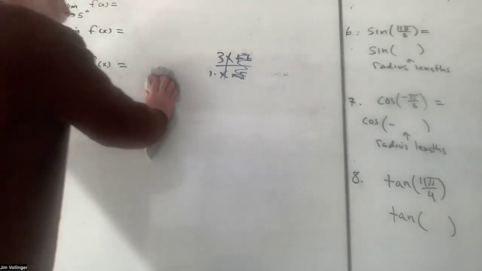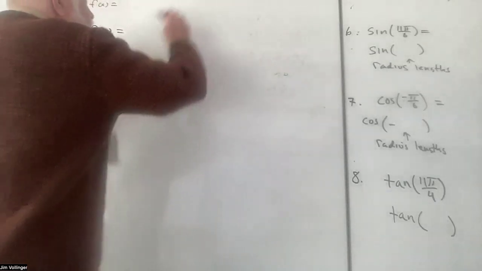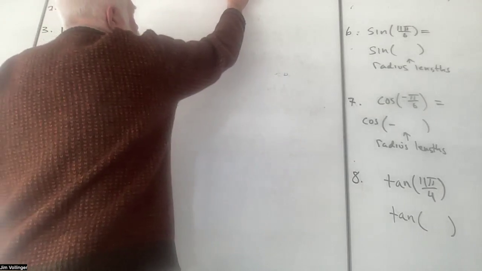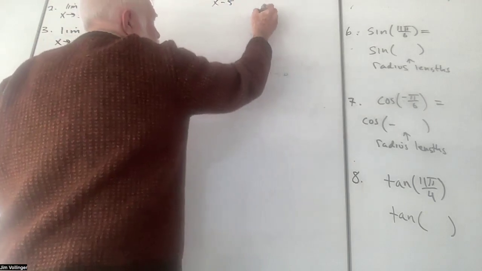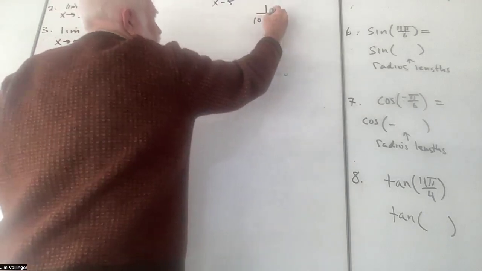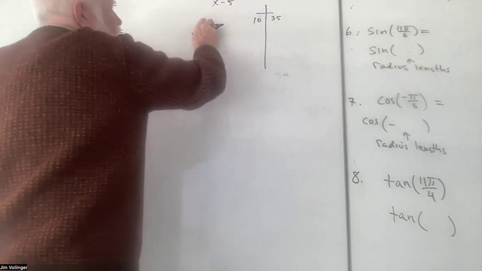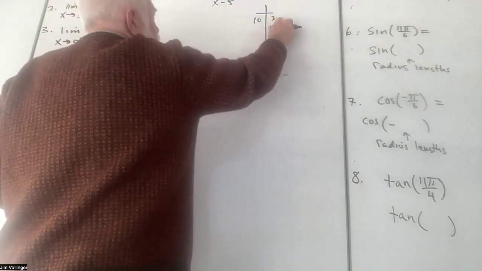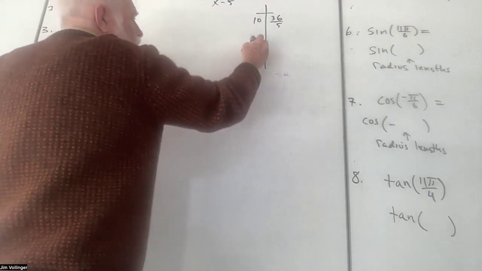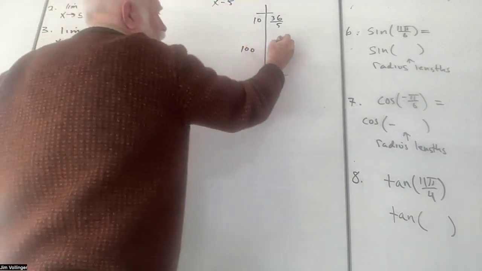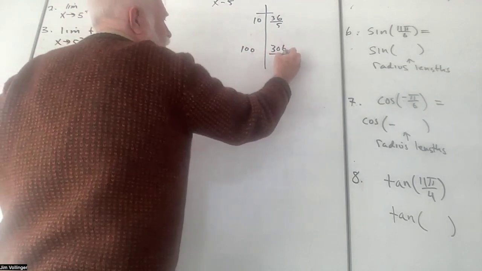But let's actually put some more numbers in and see how it happens as I head towards infinity. Let's just start with the number 10. 10 gets me 36 divided by 5. How about 100? 100 gets me 306 divided by 95.